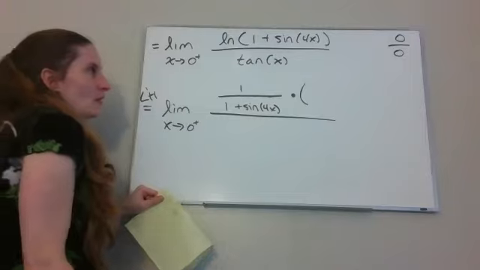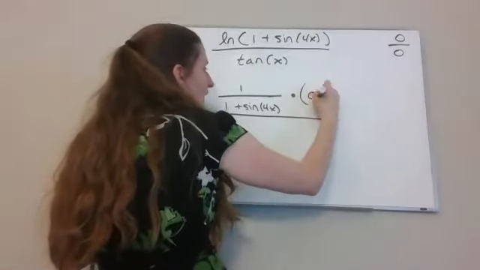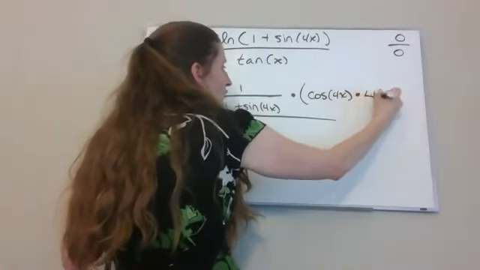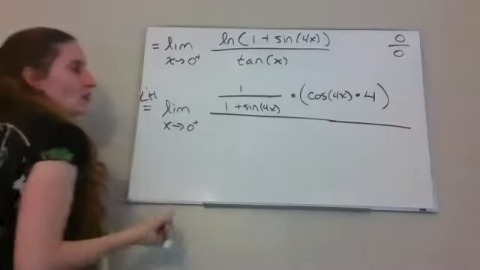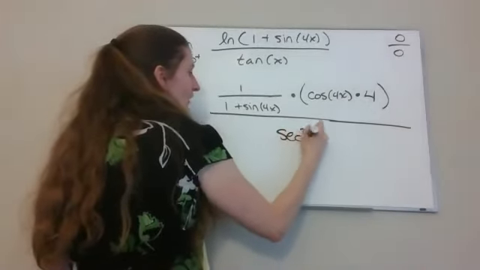Well, the derivative of the stuff in the parentheses is another chain rule. Derivative of sine is cosine, and the derivative of the very inside function is 4. That was a double chain rule on the top. On the bottom, derivative of tangent is secant squared.